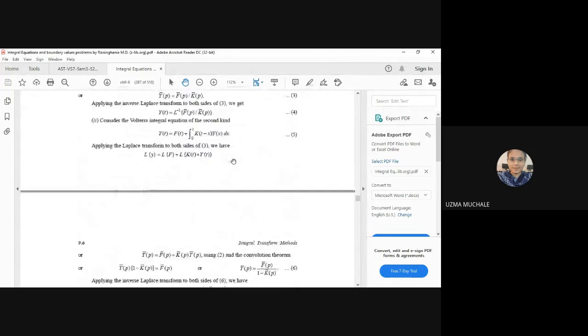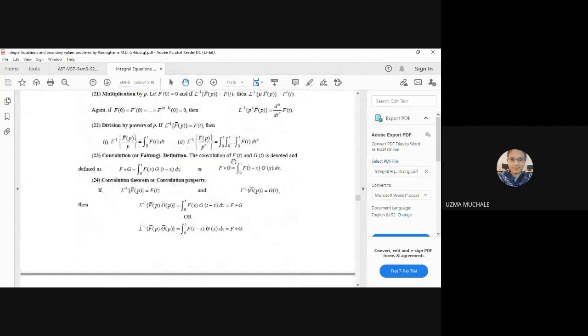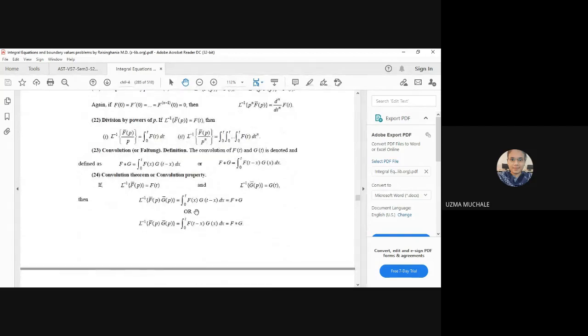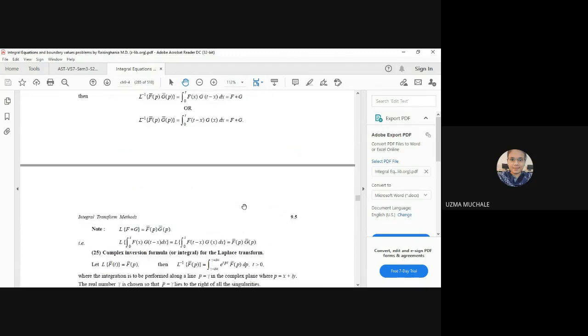I hope you remember the convolution kernel. Here you can see the inverse Laplace transform is there. Instead of t minus x, simply we have written f star g. That means f star g we have written.